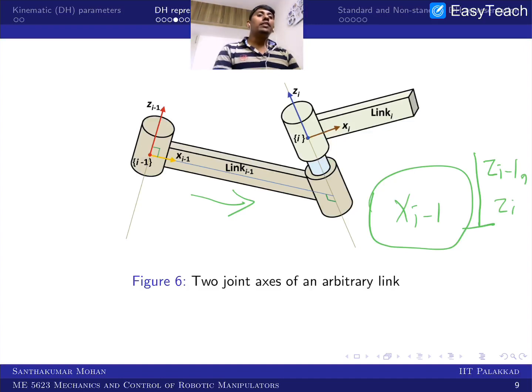Take a plane where zi and zi-1 lie, then take the normal to that plane; that is the axis of xi-1, and its positive direction is the positive direction of xi. It can go this way or this way, but we are not taking this and we are taking this. So now I make a common normal and fix xi-1.